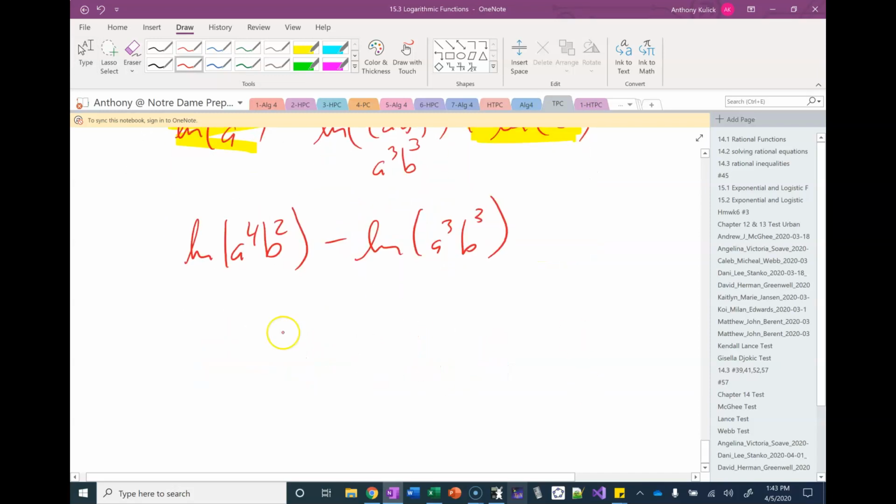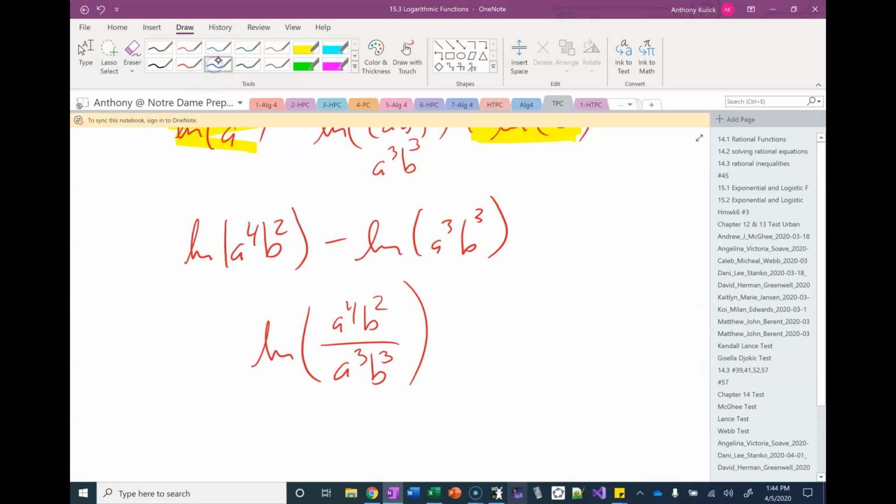And then we can do our quotient property here as our final piece. And I'll notice that, hey, I'm left with something that can reduce. That's nice. So we can do that. And what we're left with then is just log of a over b.